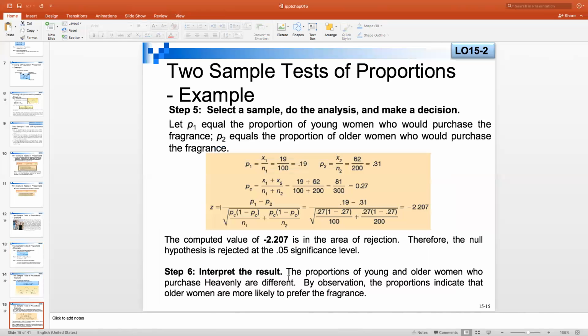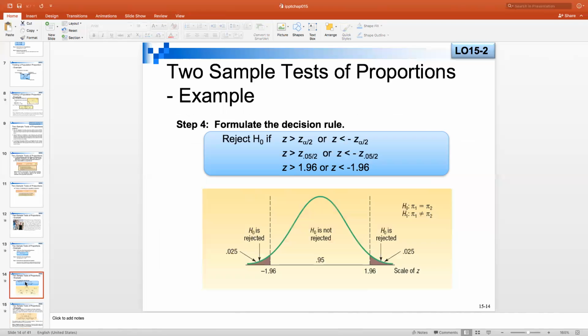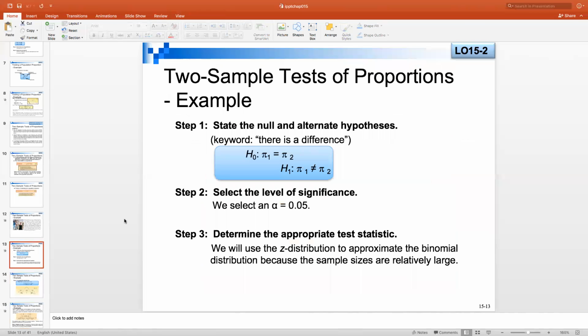And so the interpretation: the proportions of young and older women who purchase Heavenly are different, because our null is that the proportions are the same, and we're rejecting that. If we're rejecting the null hypothesis, we are not rejecting the alternate, which is that they are indeed different.